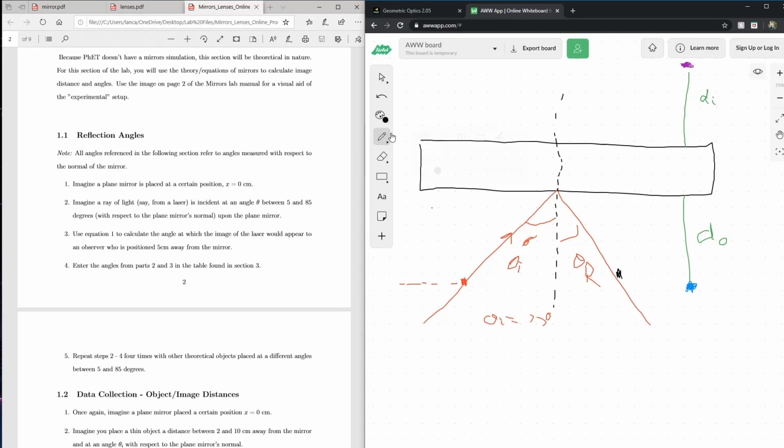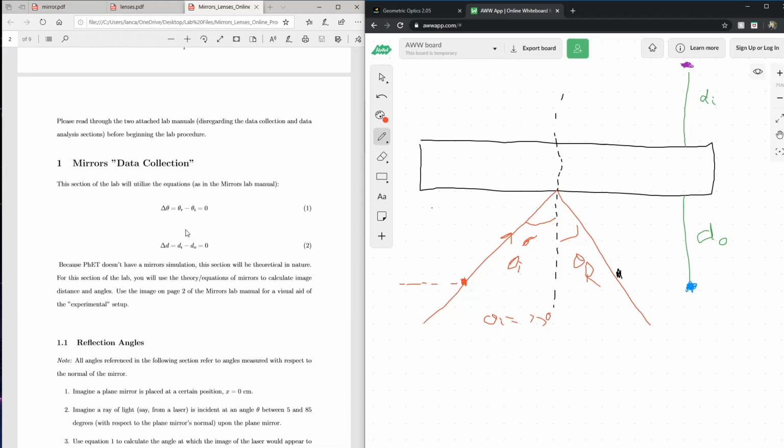Now, what we are asked to do is to calculate the angle at which we would see this light coming off of this mirror. And if we're using the law of reflection, which is this one, delta theta, equal to theta reflected, which we're trying to solve for, minus the incident angle, 77 degrees, is equal to 0.